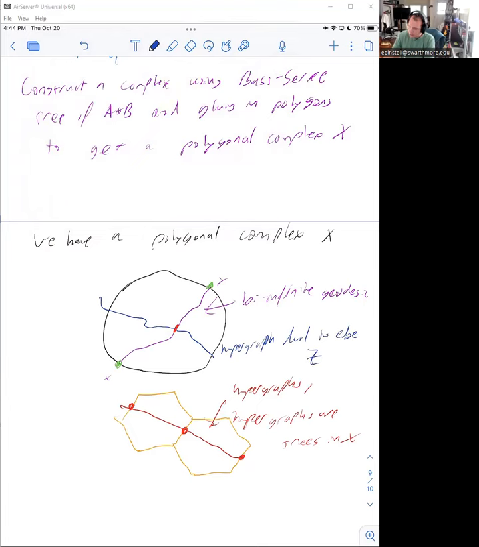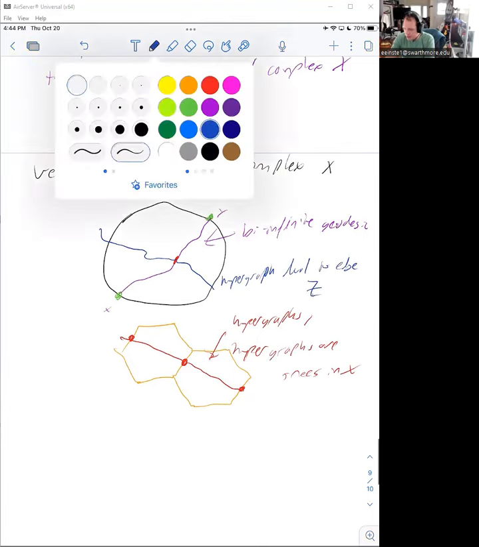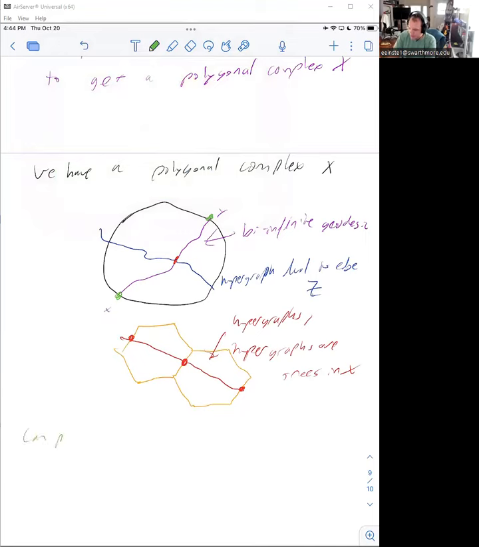Let's call this Z. You can prove that the stabilizer G of Z is full relatively quasi-convex. You use the geometry to your advantage.